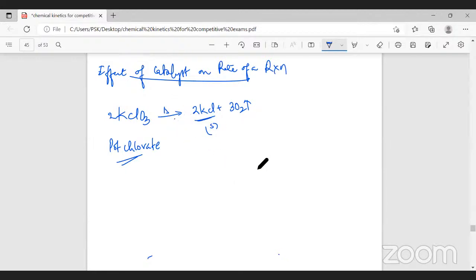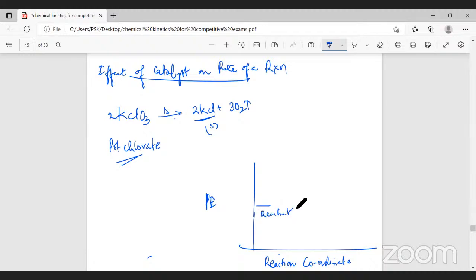So this is one of the methods of preparing pure oxygen. Now this reaction does not happen at low temperature. What do I mean by that? We have to heat it to a very, very high temperature. Now this is potential energy and this is the reaction coordinate. If I have a reactant here, we have to heat it to a very high temperature, and only then will it decompose to give you the product.